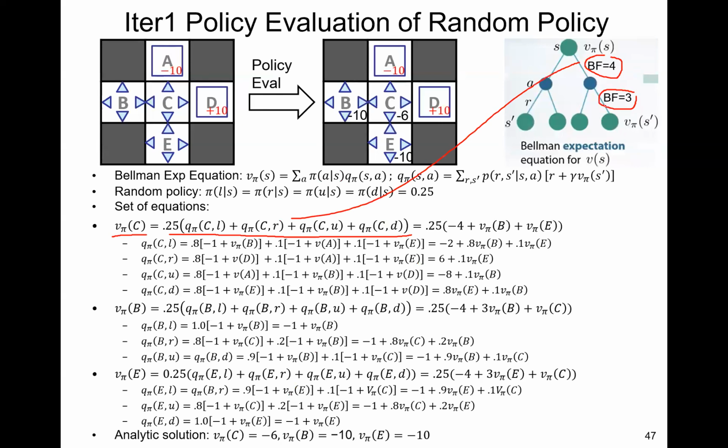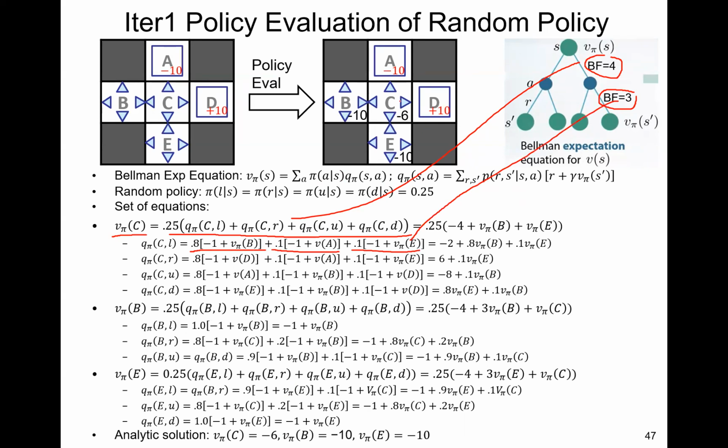Whereas the branching factor of 3 from an action node means that each Q value function is a weighted combination, an expectation over the 3 possible outcomes for taking that action.